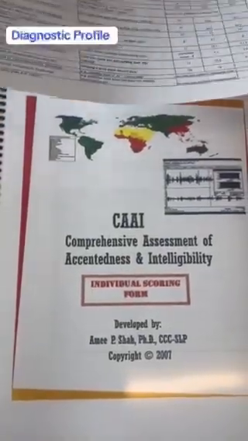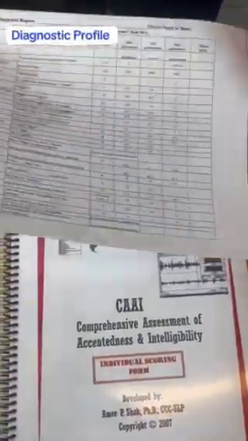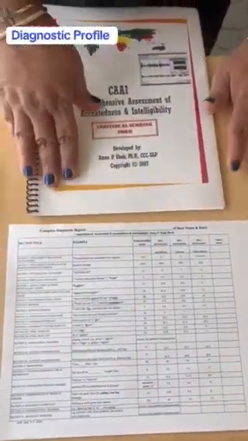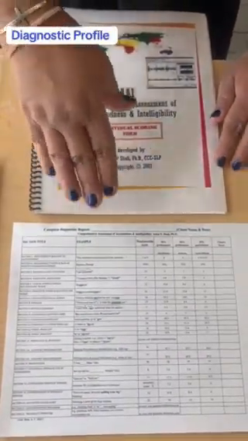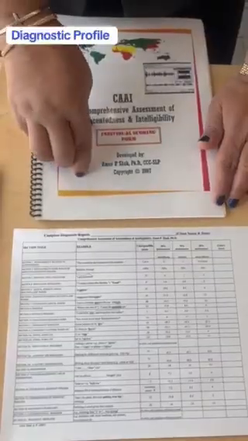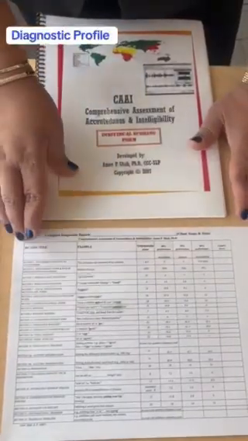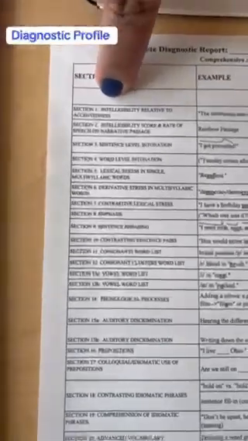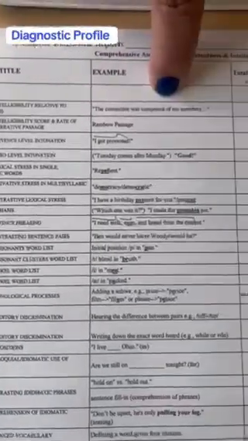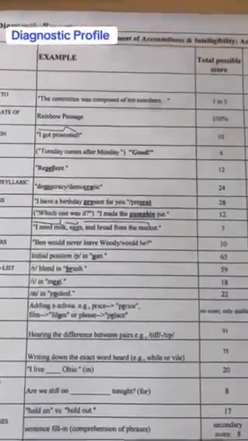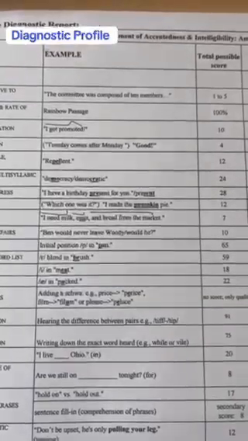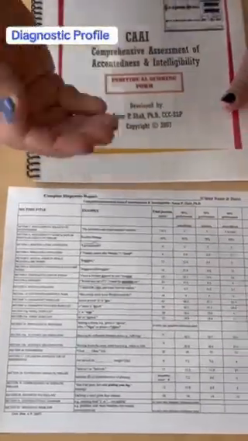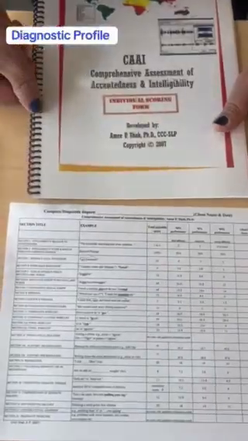self-administered. Another cool feature I want to point out is this diagnostic profile. After you do the different assessments, you get an overview snapshot. So these are all the sections that are assessed, and with every section there is an example that's provided. So this helps remind the client what they were assessed on, and what was being assessed.